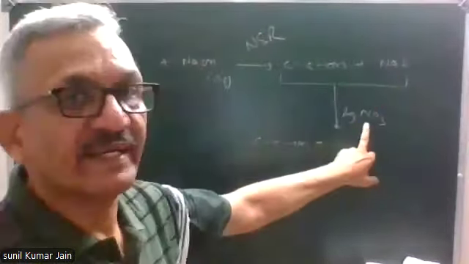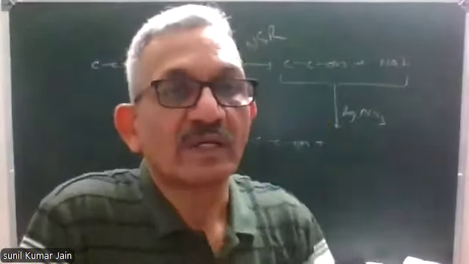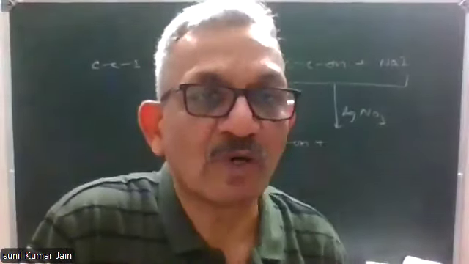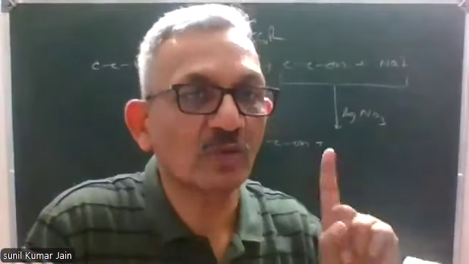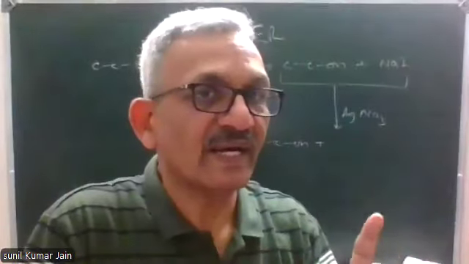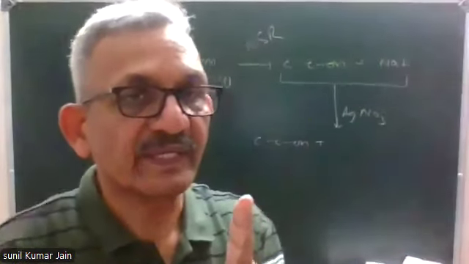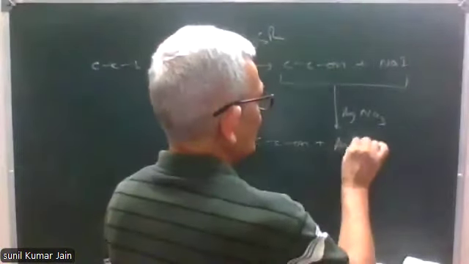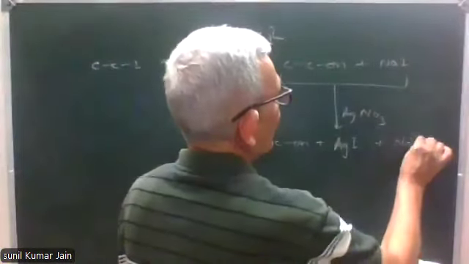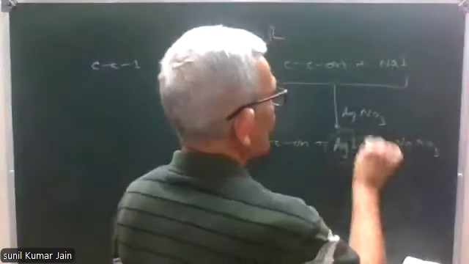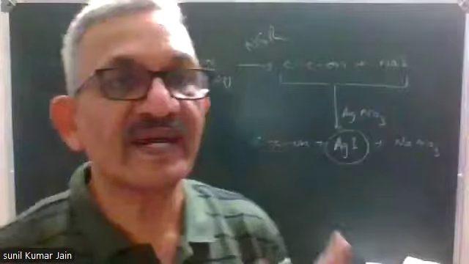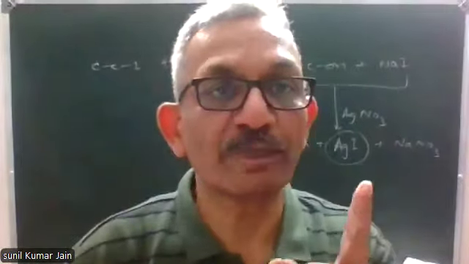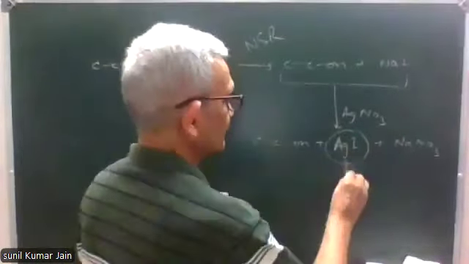Sodium iodide and AgNO3: if you remember, you have performed silver nitrate tests for chloride, bromide, and iodide in the lab, right? It's the same thing. This will give AgI plus NaNO3, and silver iodide will be yellow precipitates.